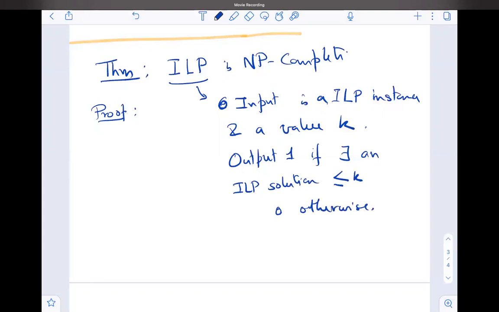I have to convert it to a decision problem, right? So this is the decision problem that I'm talking about.